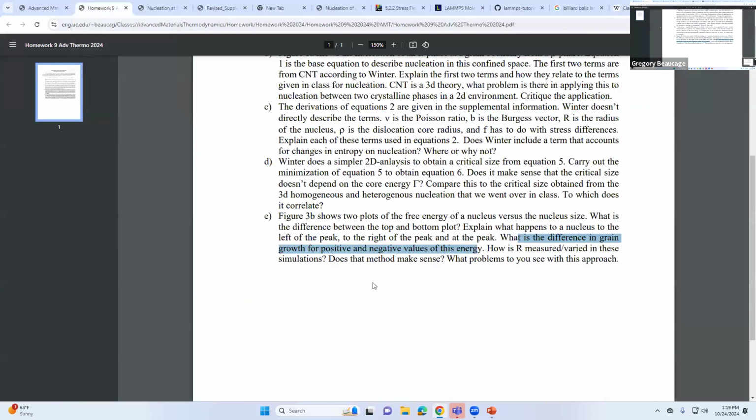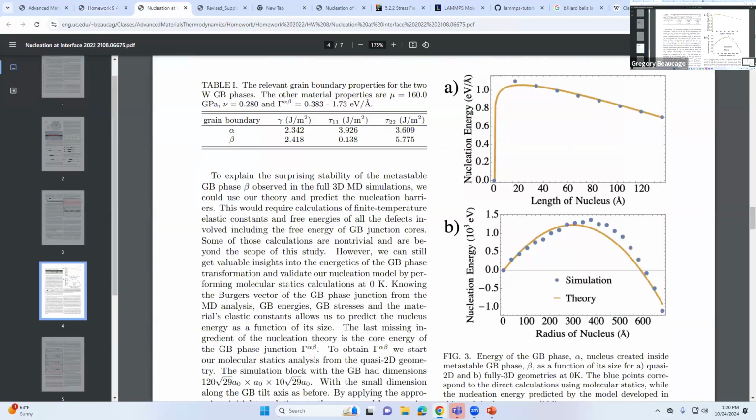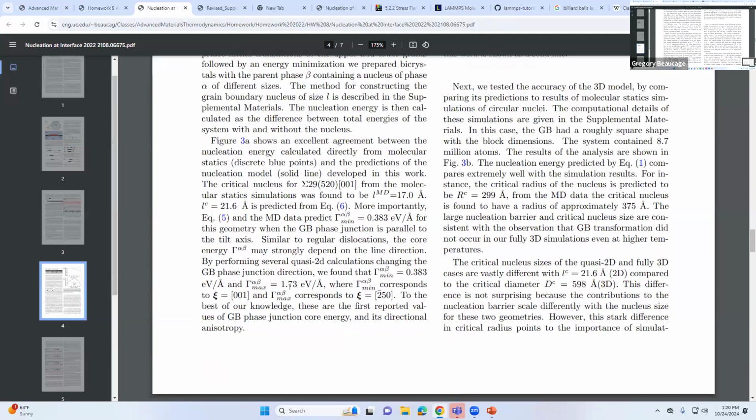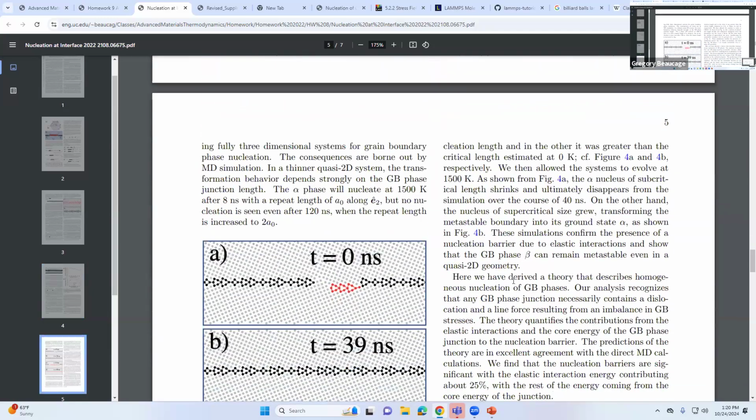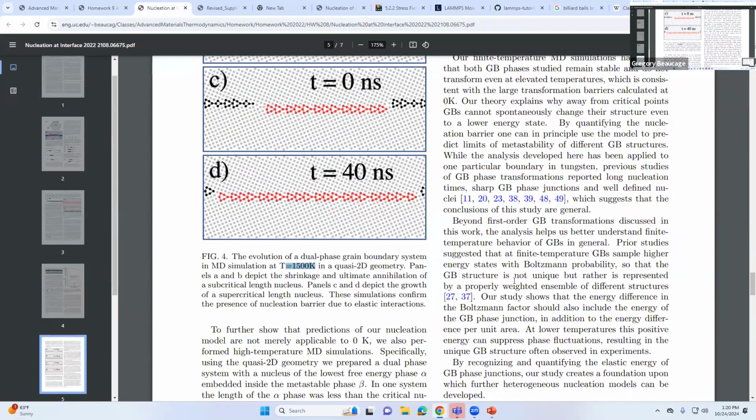I'll post that up. Then how is R measured in these simulations? How is R measured? I don't know what that is. Well, I think you have to read the paper to figure that out. Simulation process, critical radius, and so on.